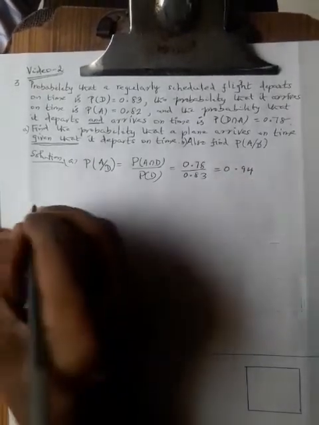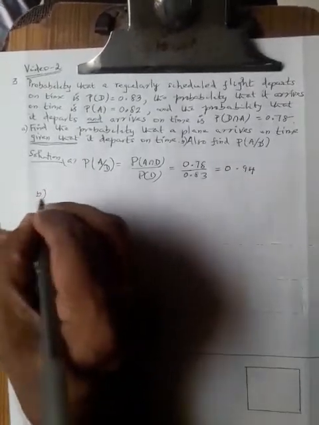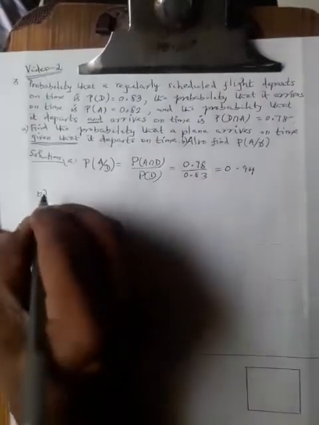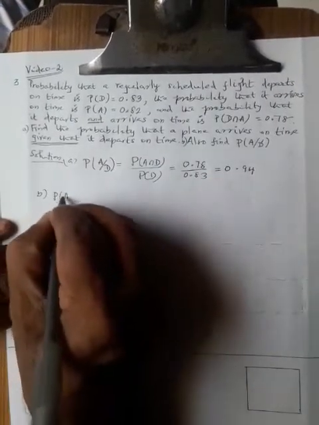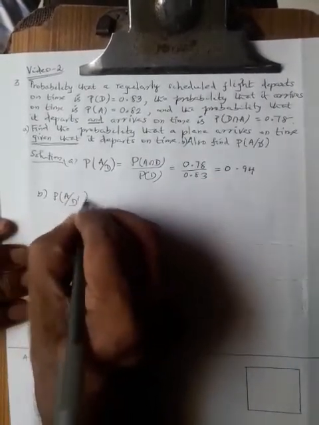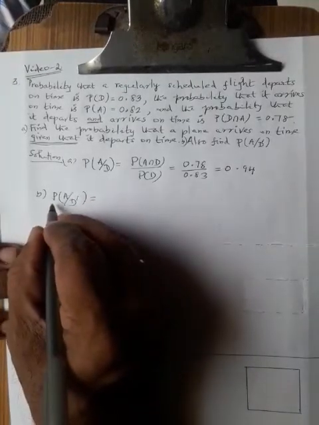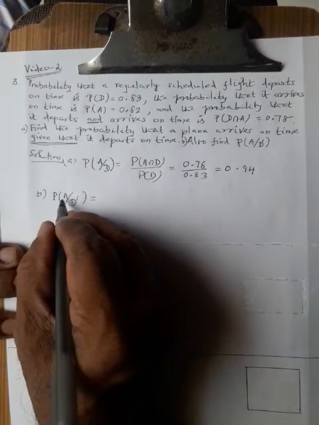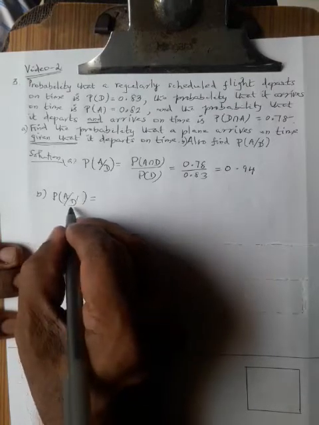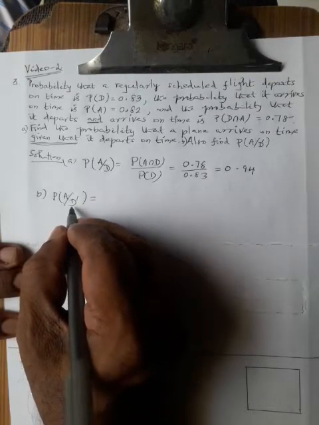So conditional probability. Part B. Also find P of A given D dash. This is the probability that it arrives on time given that it departs late.